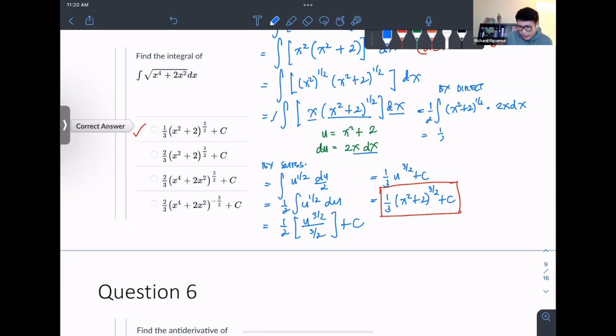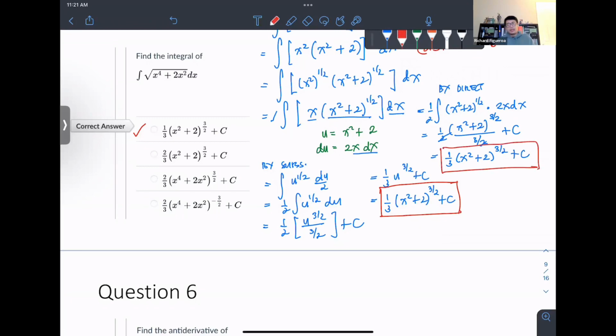So giving us 1/2, then x squared plus 2 raised to 1/2 plus 1, that would be 3 over 2, all over 3 over 2 plus c. Then 1/2 times 1 over 3 over 2, the 2s cancel, would just be 1/3 x squared plus 2 raised to 3 over 2 plus c. So we have the same answer: 1/3 x squared plus 2 raised to 3 over 2 plus c.